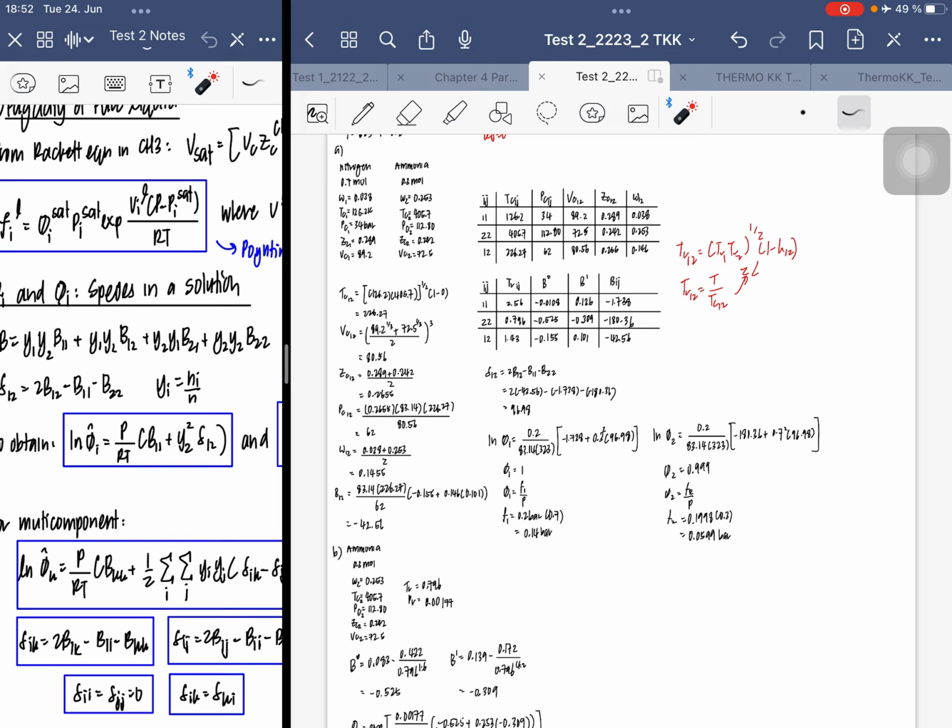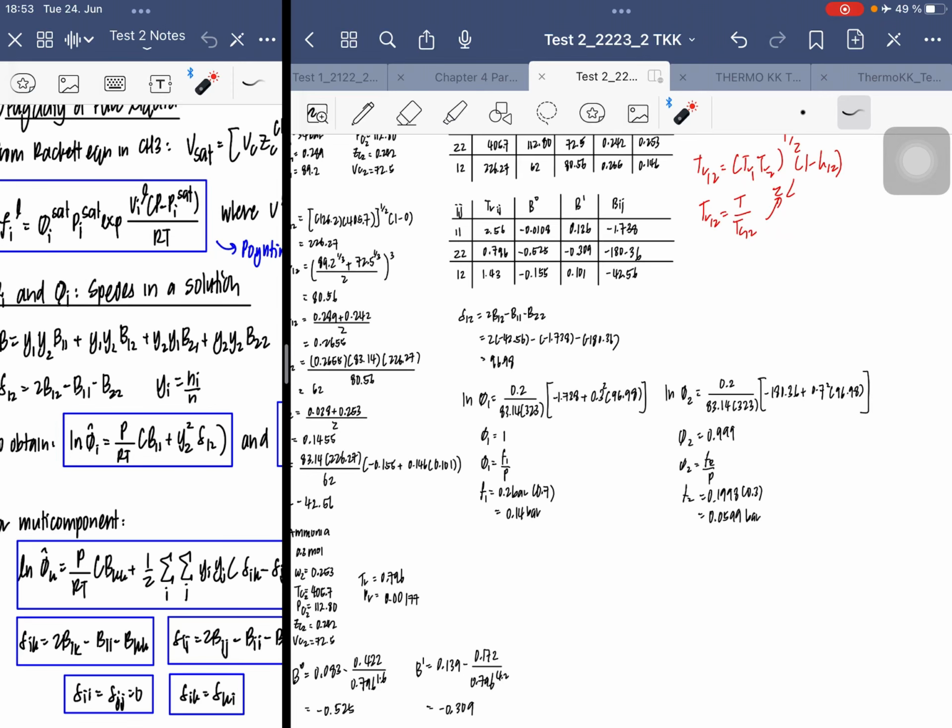Just plug in the formula, where y2 represents the molar fraction of the second species. After you find phi 1, this value is actually not 1, it's 0.999 something. Maybe I made a mistake here. You shouldn't round it off to 1. You are supposed to leave it as a decimal, no matter how close it is to 1.